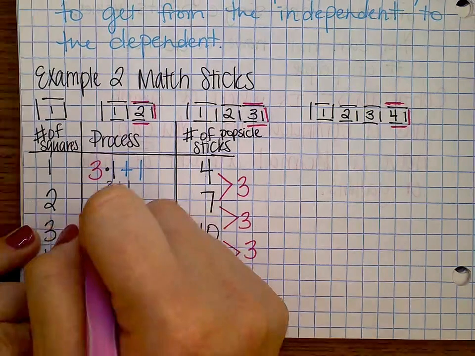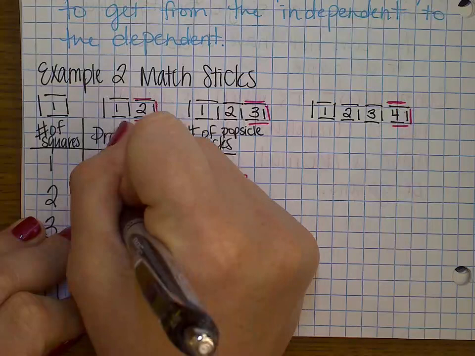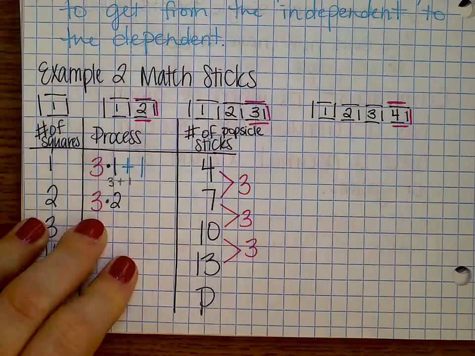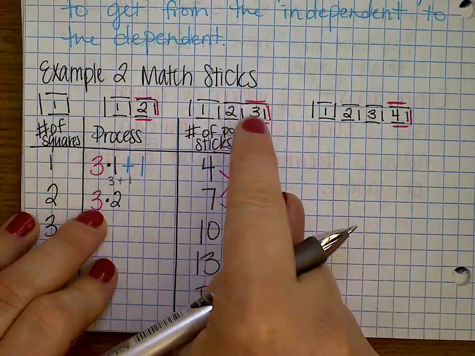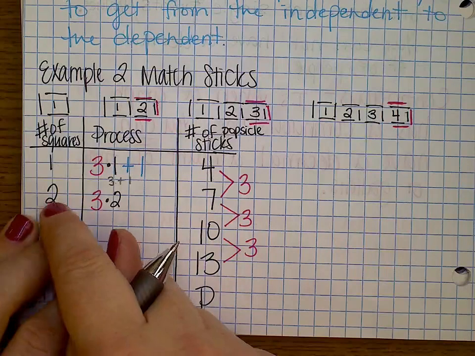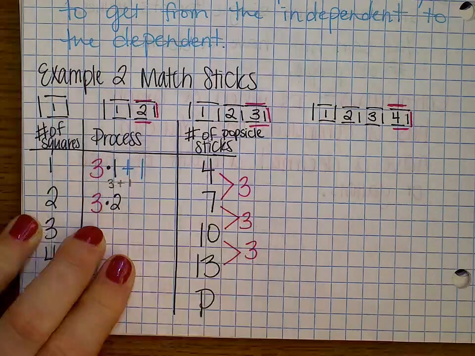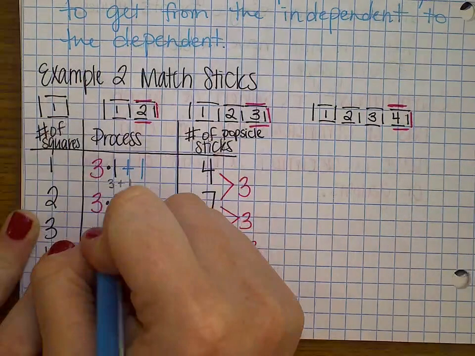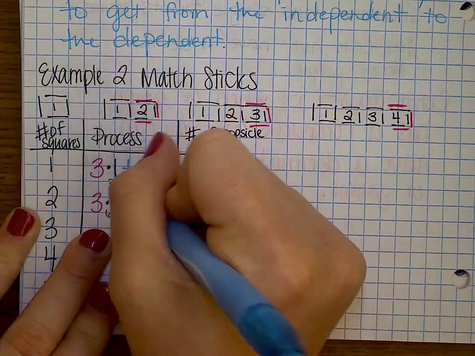If I have 3, and you will notice I switch colors a lot, that's the whole thing about the colored pens. 3 times 2, so 3 because there are 3 additional sticks, times 2 squares. So 3 times 2 is 6. Well, look, I need plus 1 more to give me 7.